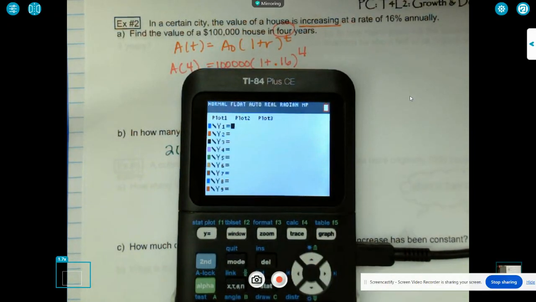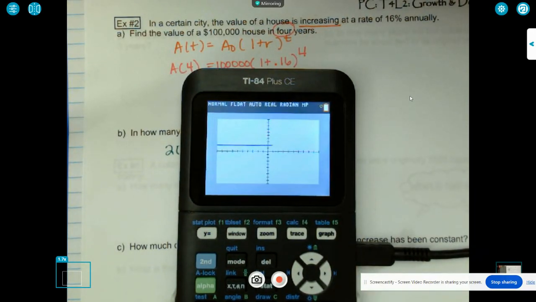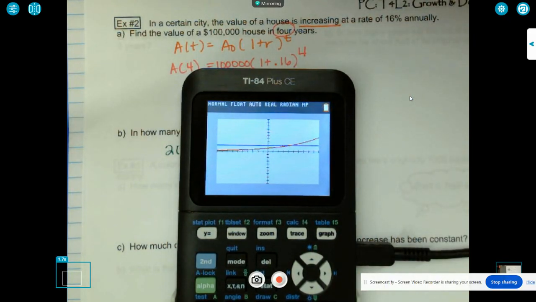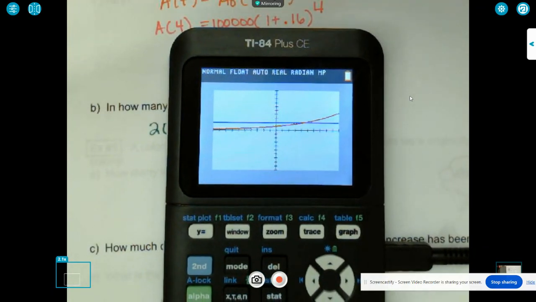All right, let's see. Y equals. So 2 goes in the first one, and 1.16 to the x goes in the second one, right? We good? Hit graph. Boom. Do you see the intersection? Can y'all see the intersection on your calculator? If you can't, hit zoom 6.